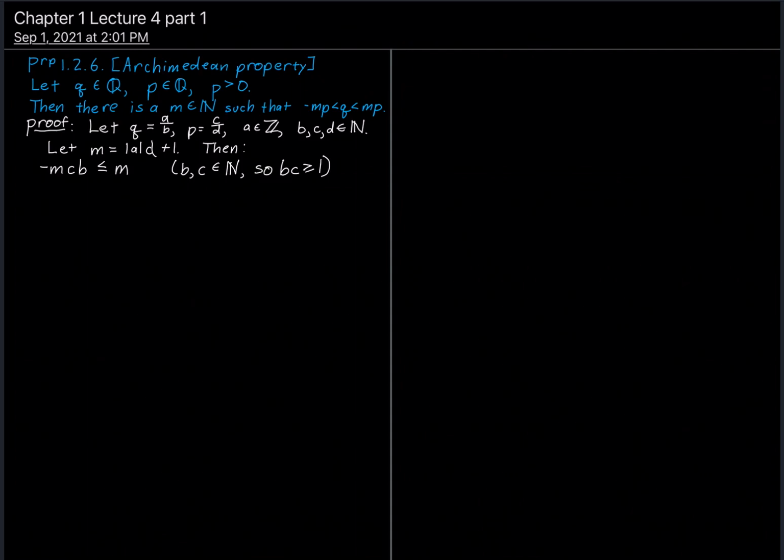And then negative M is negative the absolute value of A times D plus 1. That's less than or equal to AD.